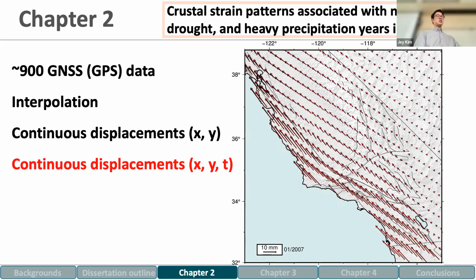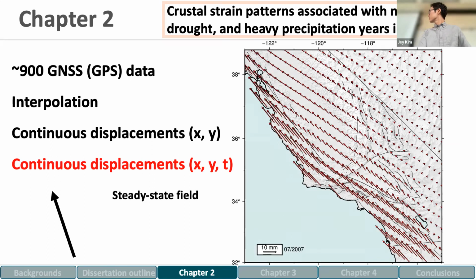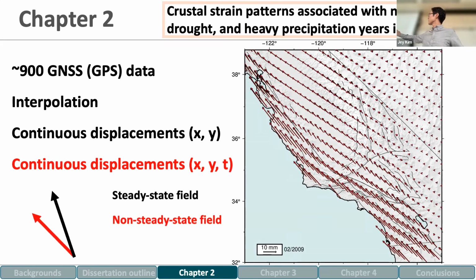Therefore, we can obtain continuous displacement as a function of space and also time. So I plot the steady state field and non-steady state field from GPS time series. And as you can see, they are moving slightly over time. You can track the time here, it's a monthly solution, and the scale is 1 millimeter.